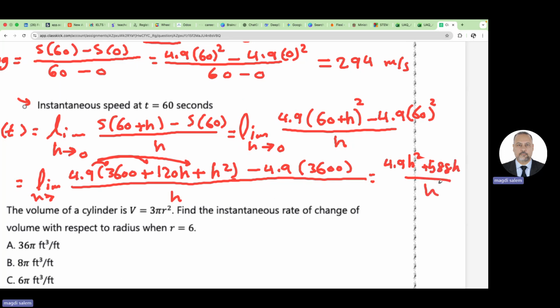Now you can cancel h. So your answer is the limit as h approaches 0 of 4.9 h plus 588. Of course, as h approaches 0, that means h is 0, so your final answer is 588.